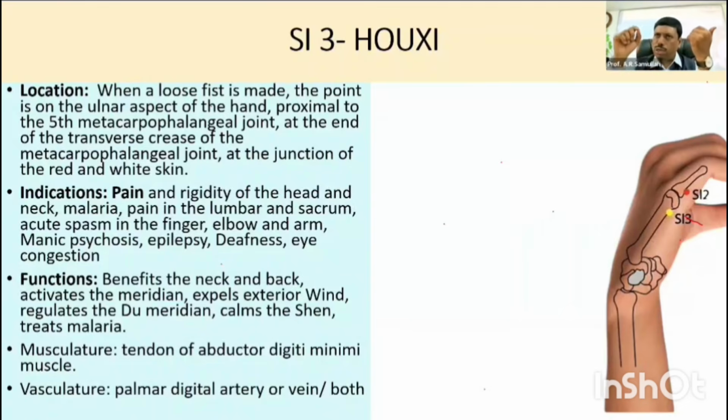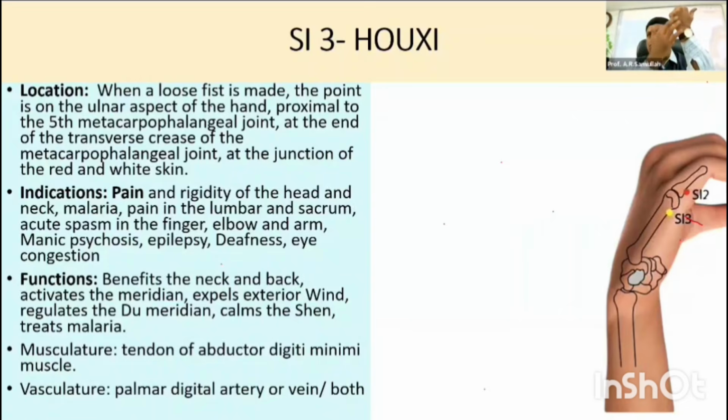Then you can find the bone called the fifth metacarpal. This finger is known as the head of the metacarpophalangeal joint, whereas this is known as the head of the metacarpal bone, not the phalanges. This is known as the phalanges. These are the carpal bones, the wrist bones.